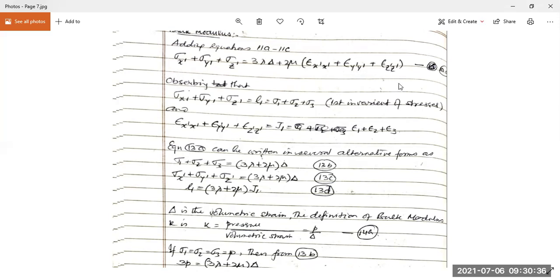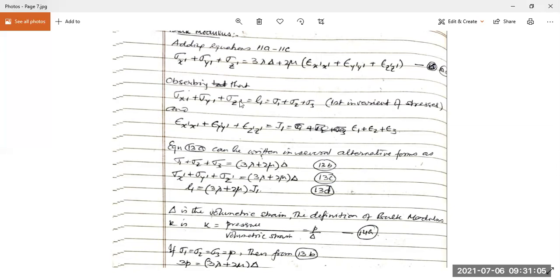Now, from our theory of invariance of stresses, we know that the summation sigma x dash plus sigma y dash plus sigma z dash, meaning stress along OX dash, OY dash, and OZ dash, is equal to I1, which is also equal to sigma 1 plus sigma 2 plus sigma 3, the principal stresses, and the stresses along OX, OY, and OZ.